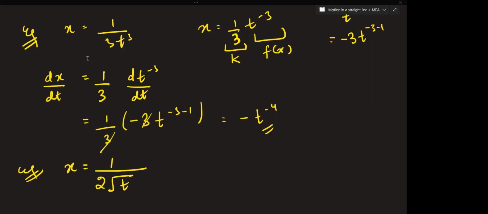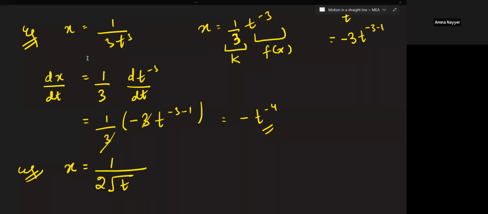And Arnav's is 1 by t to the power minus half. No, both of you are incorrect. See, let me discuss it. Root t to the power minus 2, I didn't get it. Root t means already that it's to the power half.